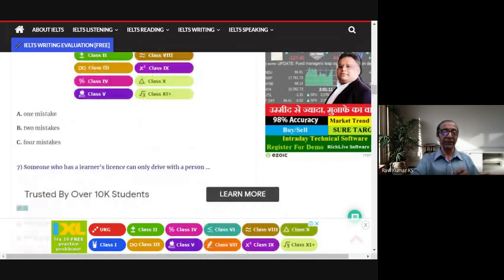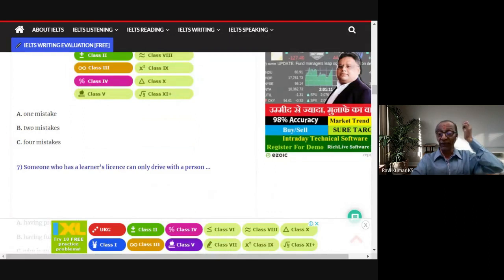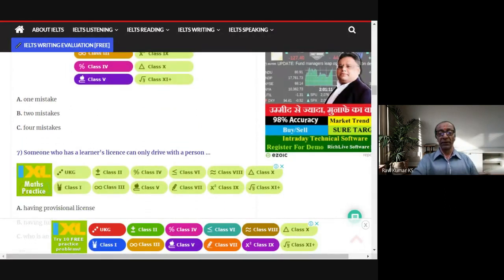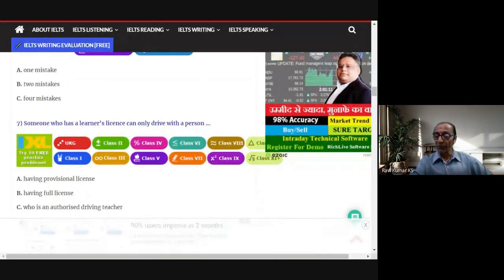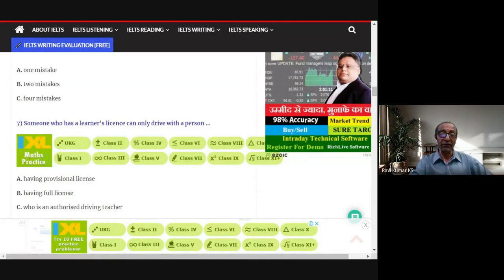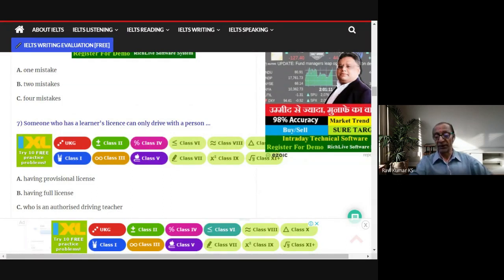Then question number 7. Someone who has a learner's license can only drive with a person. Right? That means one who has an LL, that is the learner's license, can drive with a person having the provisional license or having the full license, who is an authorized driving teacher. So in this category, you have to be very careful again in listening.